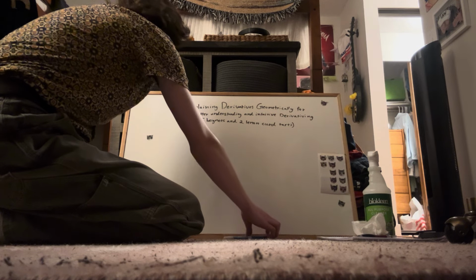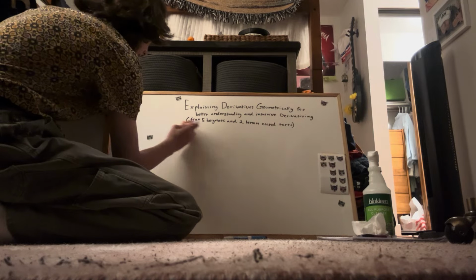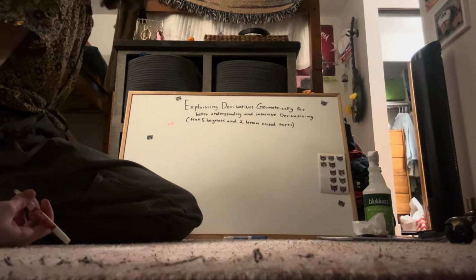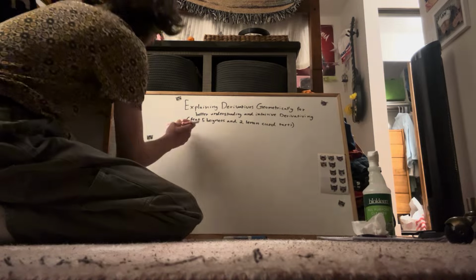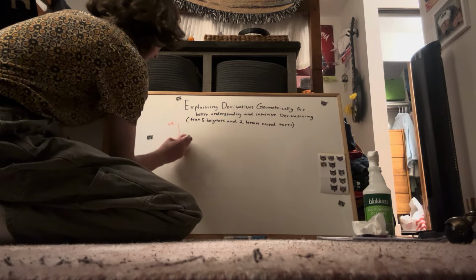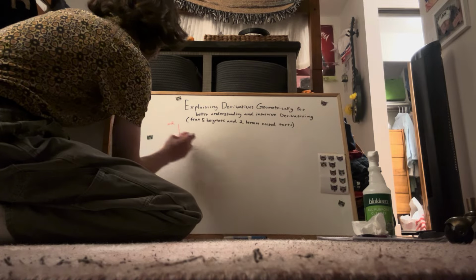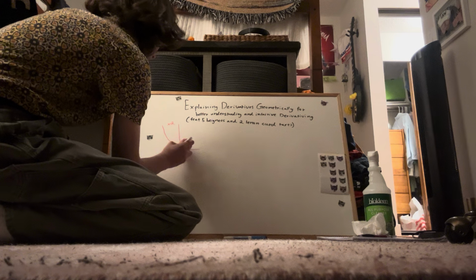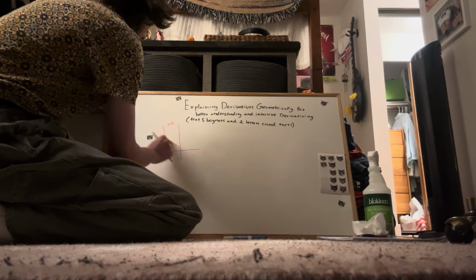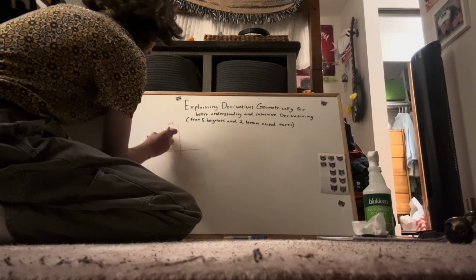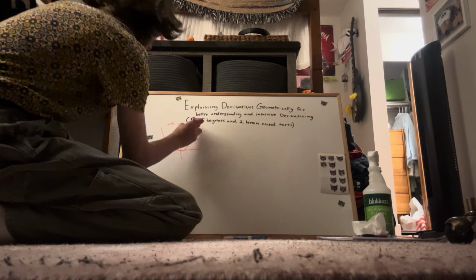So we're gonna start with x squared, which on a graph looks a little bit like this.